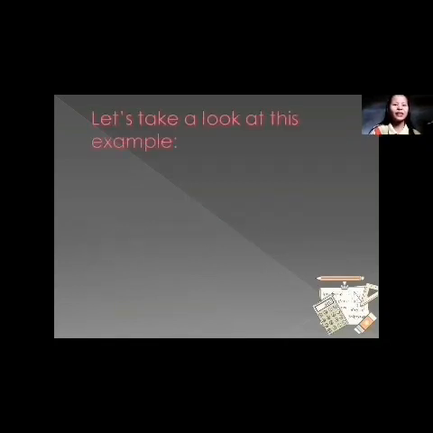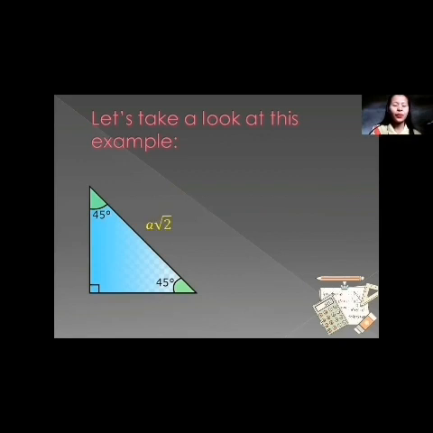Let's proceed. So let's take a look at this example. This is a 45, 45, 90 degrees right triangle where the hypotenuse measures square root of 2 times its leg.